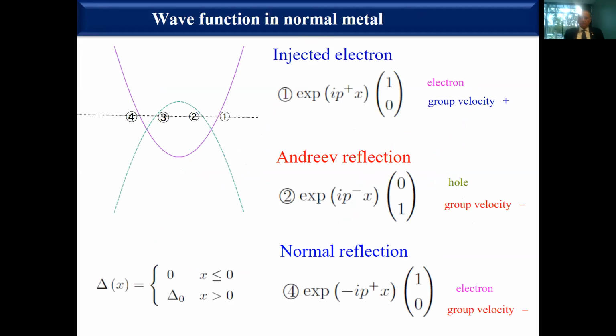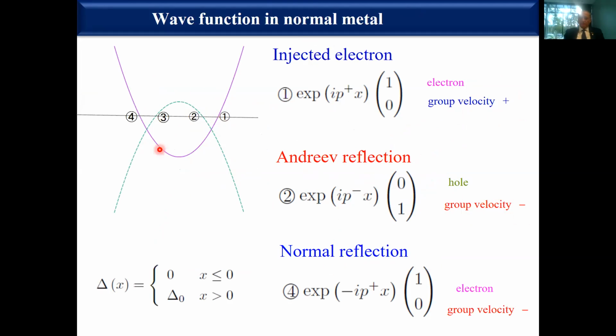So let's consider the normal metal superconductor junction system. We consider an electron injected from the left side. This is wave solution 1, and the group velocity is positive. On the other hand, the Andreev reflected hole is here. The group velocity is negative. This is important: the sign of the wave number is positive, but the group velocity is negative due to this dispersion.